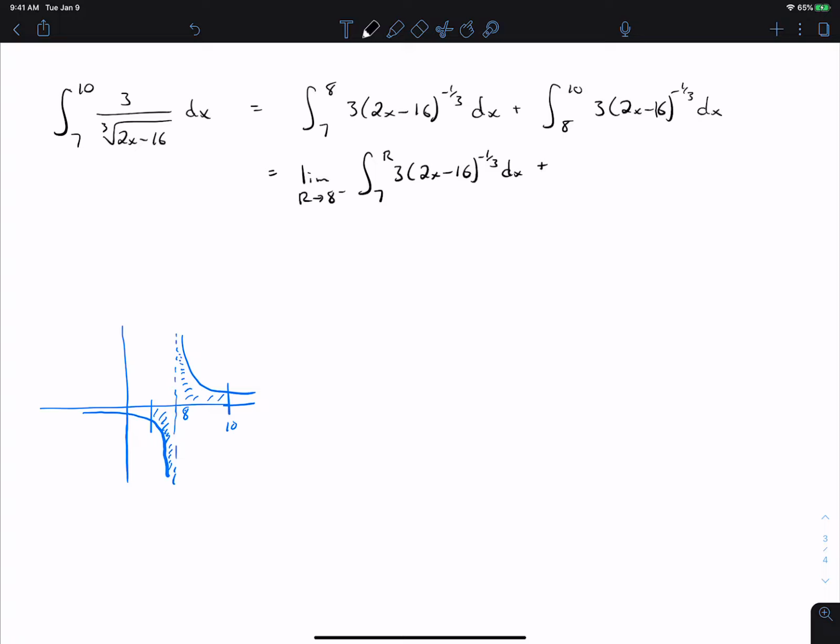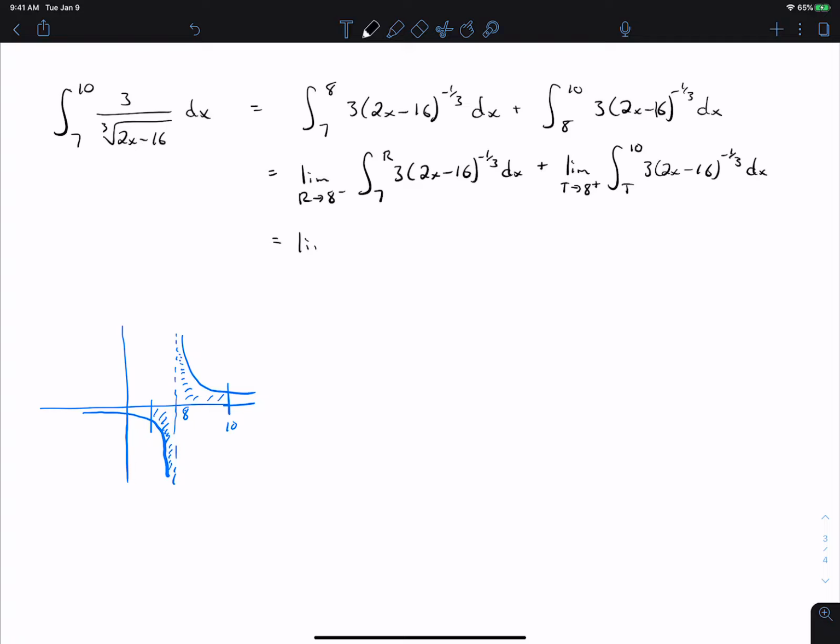And now on this one, we're going to look at the limit as some other variable, we'll say t, approaches 8 from the right of the integral from t to 10 of 3 times (2x minus 16) to the negative 1/3 dx.